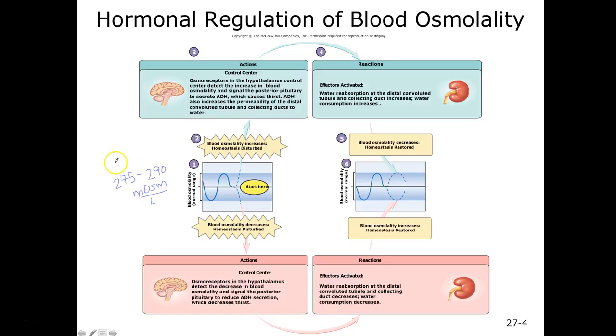Okay, that's a normal blood osmolality range that we want to stick to. So we usually use 300 for simplicity.